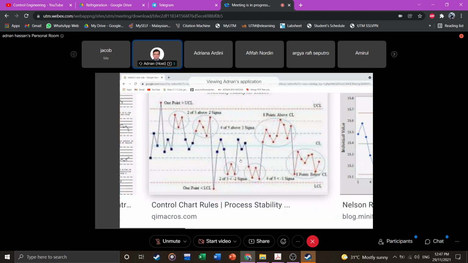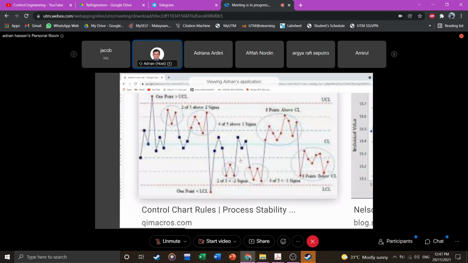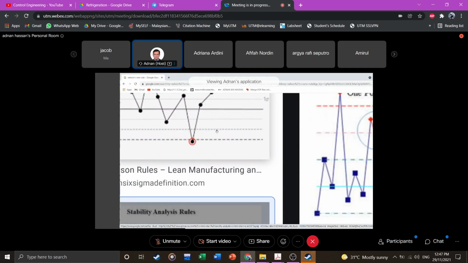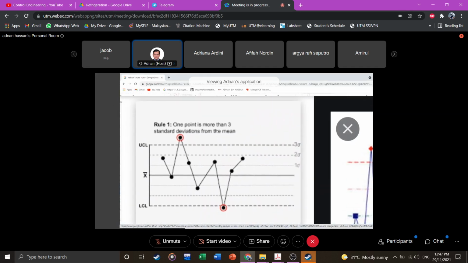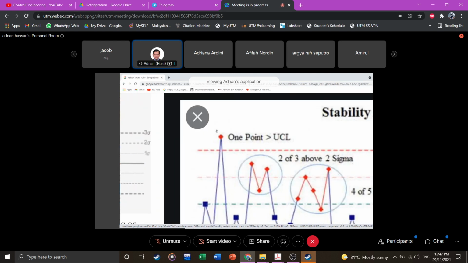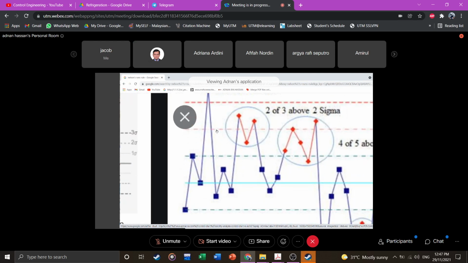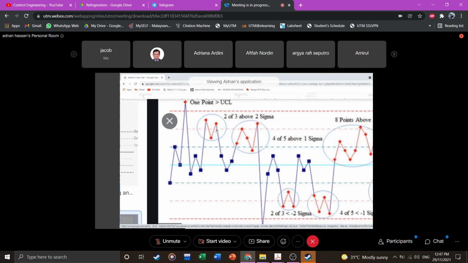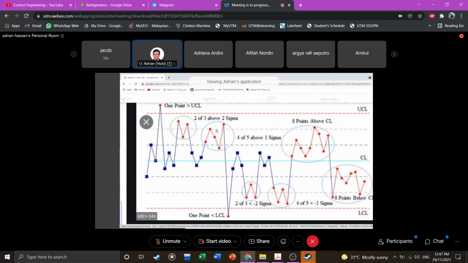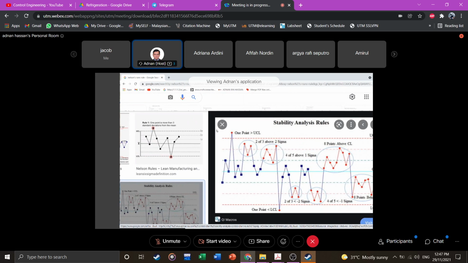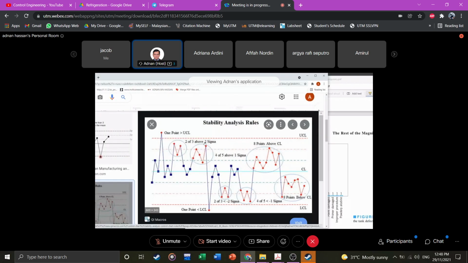I think this one is a bit blurry, but it explains what I've just shown. Can you see this line, this chart? Okay, so you see here, this is the center line, this is the control limit.